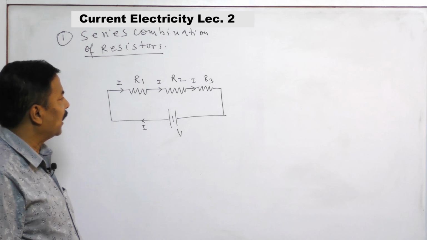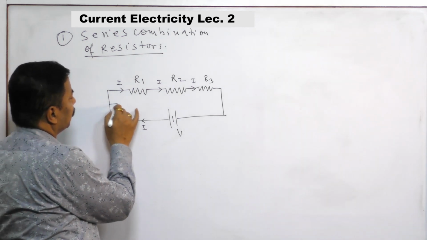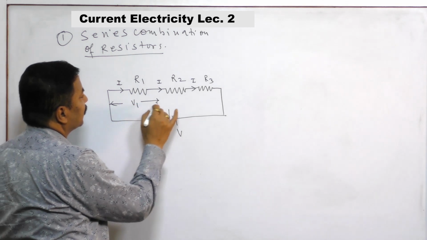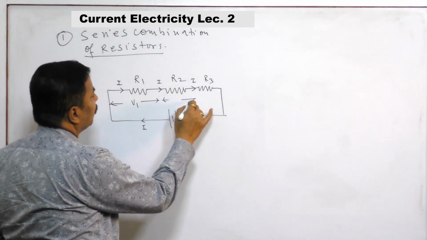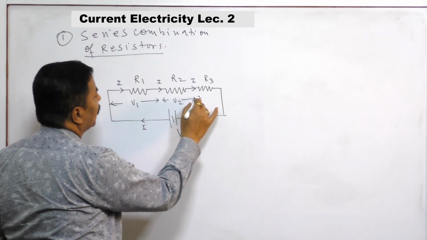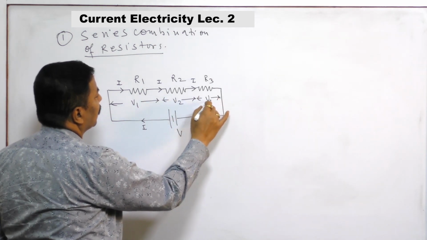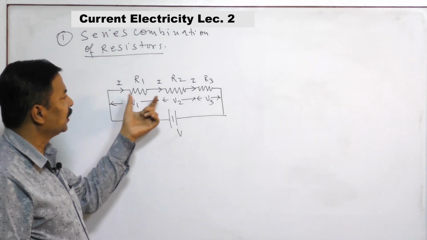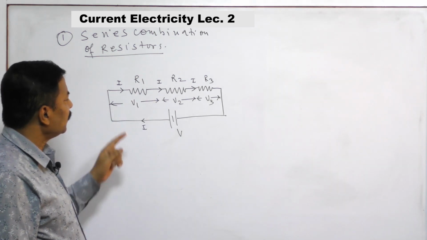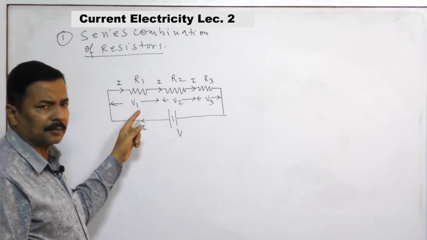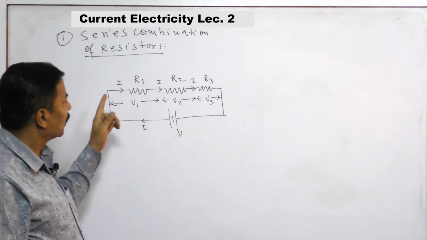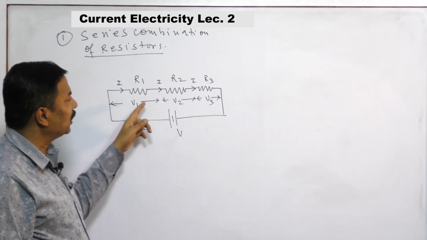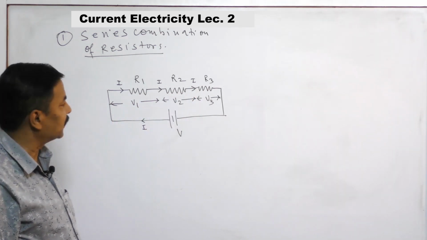Only thing is that here the potential drop will be different. Here if we suppose V1, here V2, here V3, then this potential has been dropped across the 3 resistors. So in this series connection, current remains the same through all the resistors and only the potential drop is different across the different resistors.